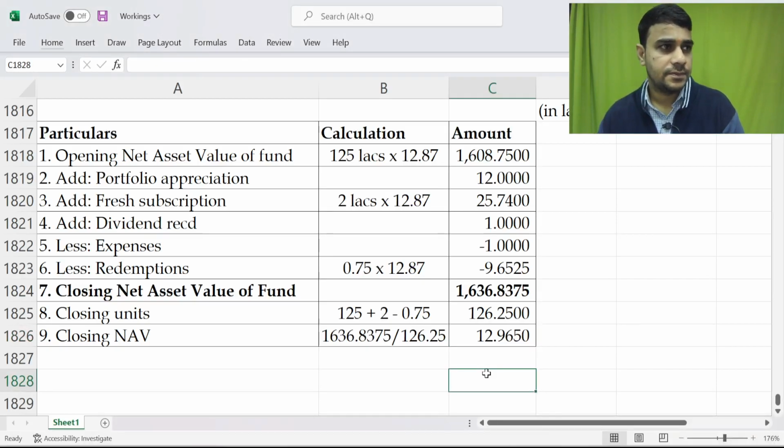Any doubts on this? Clear? Can I proceed?